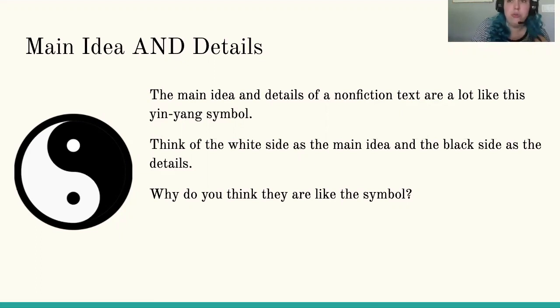You could go through a piece of nonfiction text and pick out a main idea, but if you don't have the details that support that main idea, you have no way of knowing if it's actually the main idea, and chances are it probably isn't.